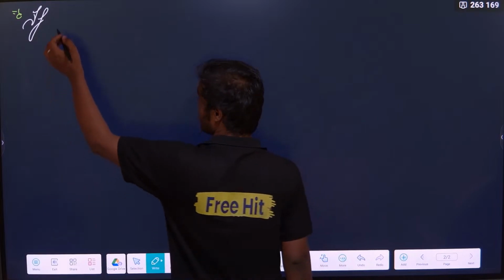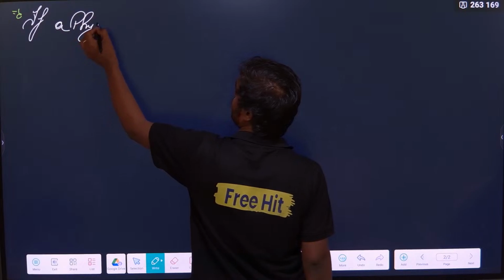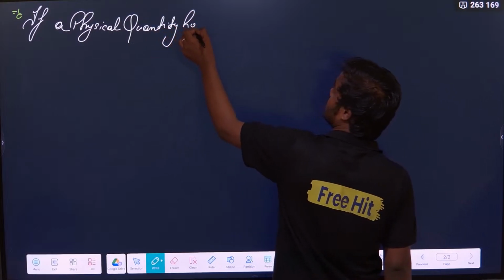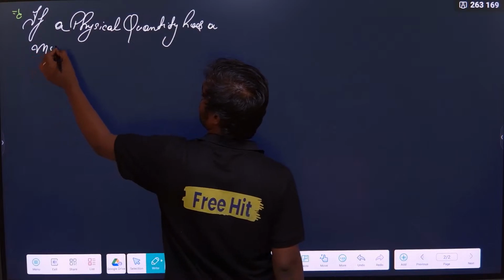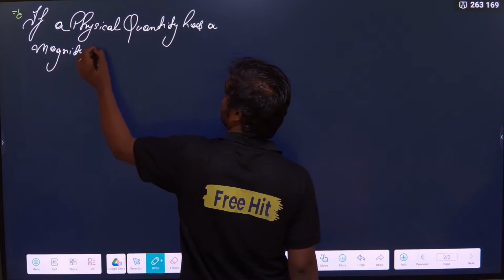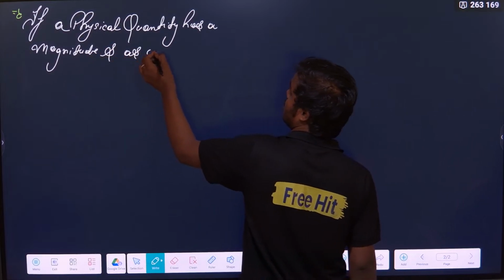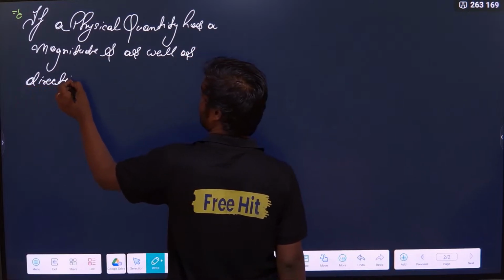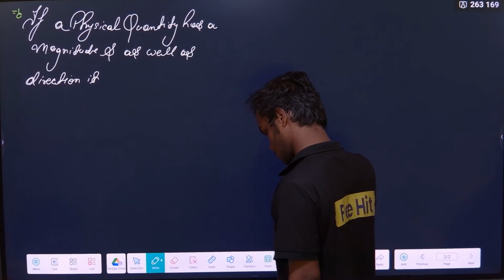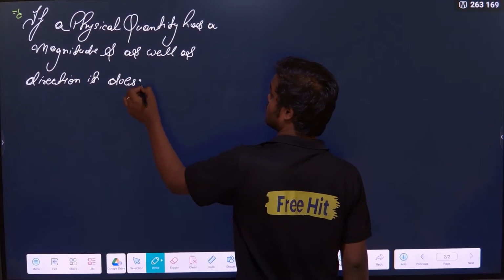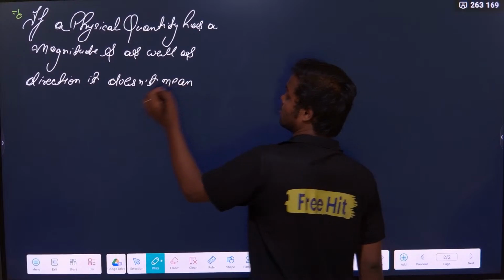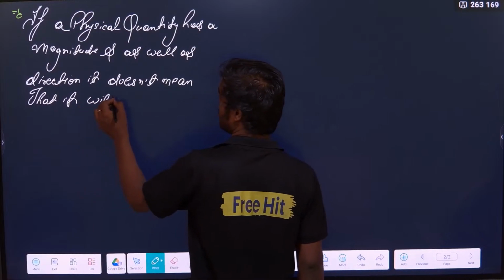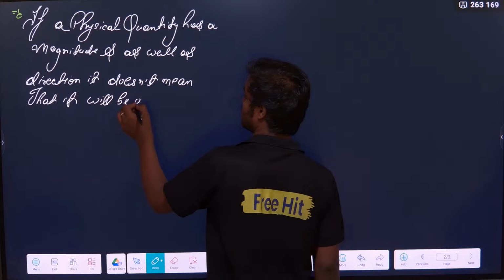If a physical quantity has a magnitude as well as a direction, it does not mean that it will be a vector quantity.